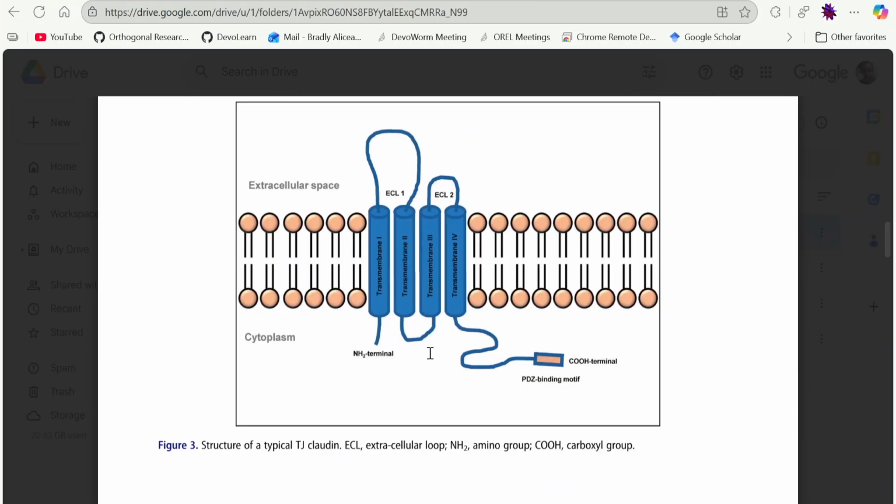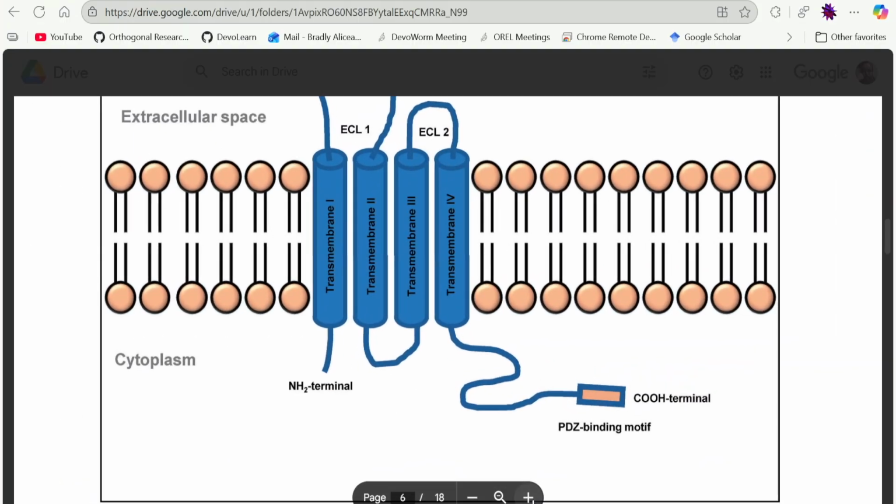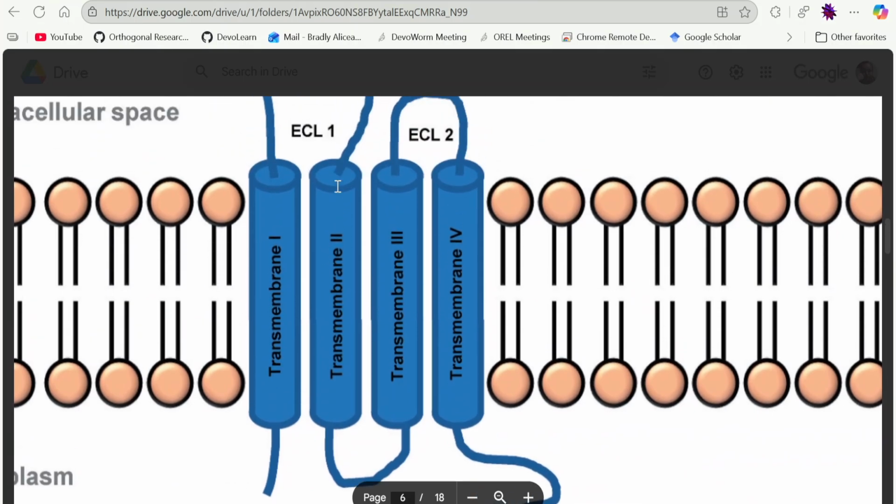Okay, so this is figure 3, structure of a typical TJ claudin ECL, extracellular loop. This is the cytoplasm. This is sort of at the membrane where you have these connections here. It says transmembrane proteins in blue, it's hard to see the text there.